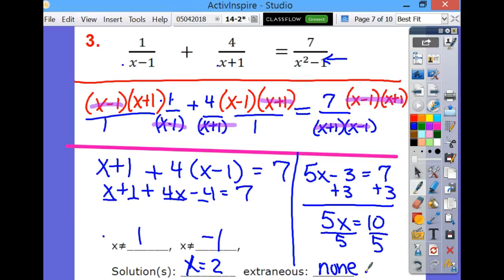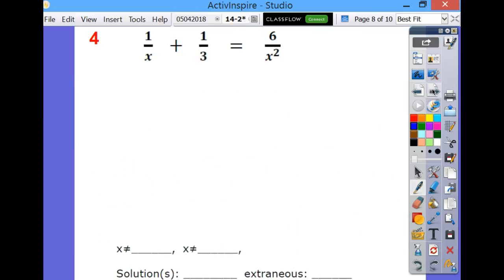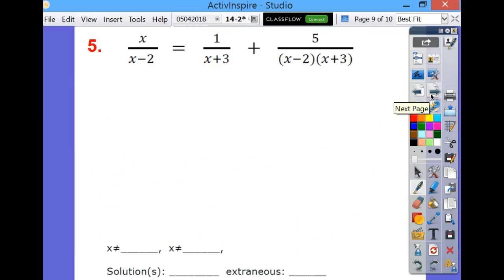We are going to skip problem number 4 and go ahead and look at problem number 5. They have kindly already factored problem number 5 out for you. This denominator can't equal 0, so x can't equal -2.